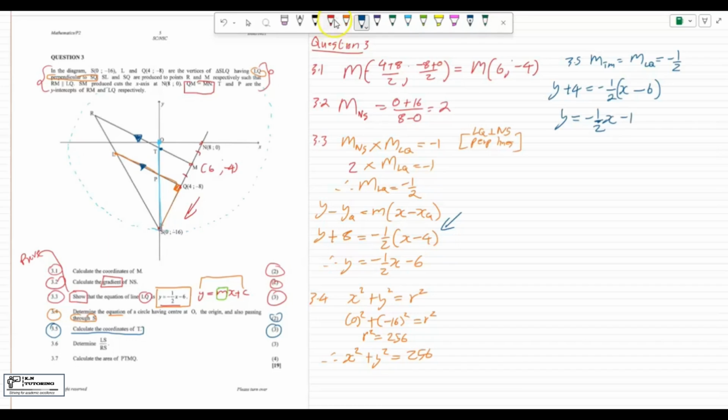Okay. And then we know if this is the equation of TM, this C is your y-intercept. Therefore, we can conclude that the coordinates of T are 0 and negative 1. All right.